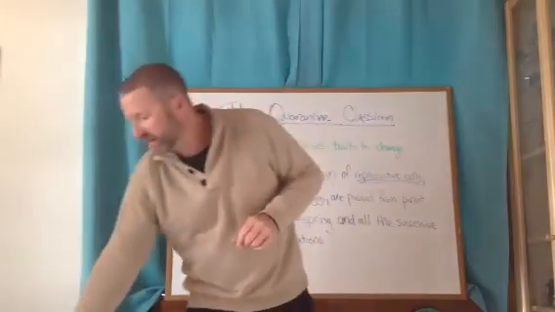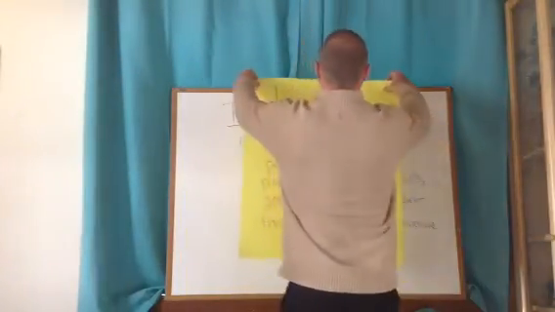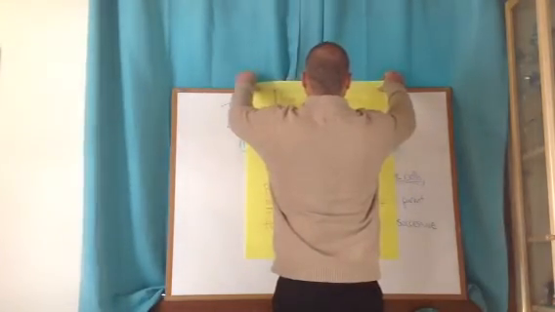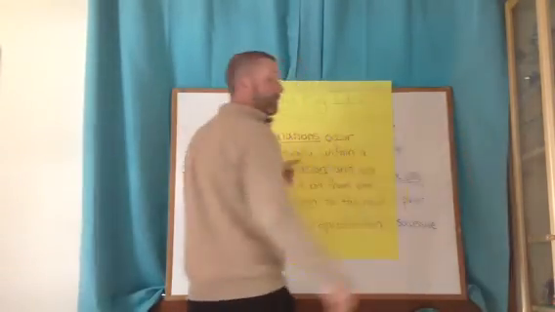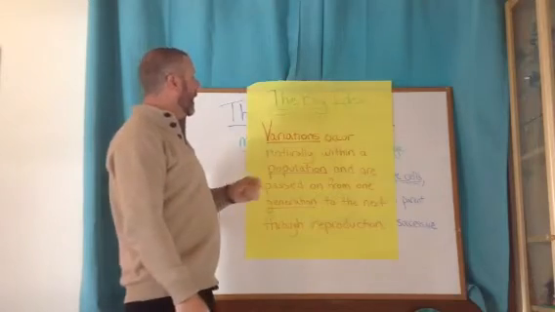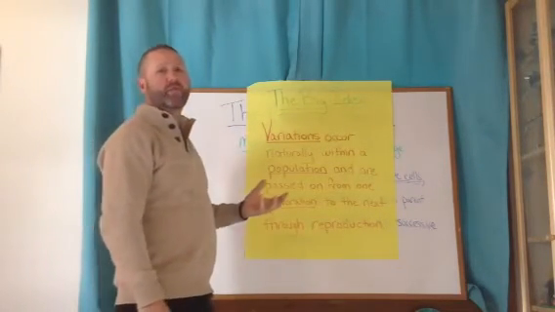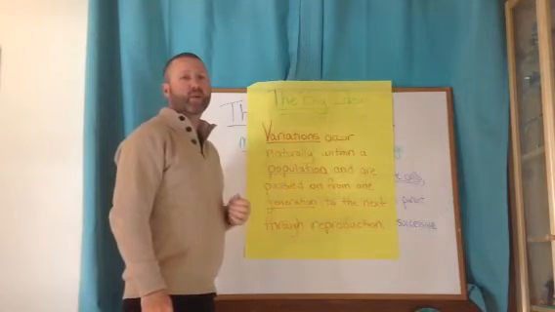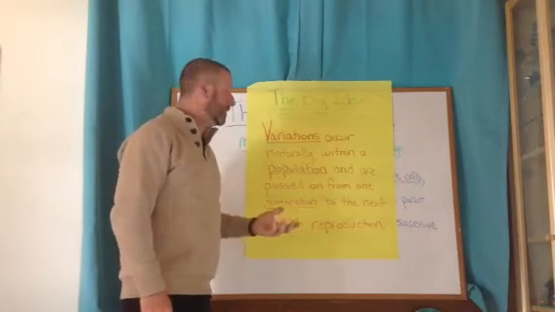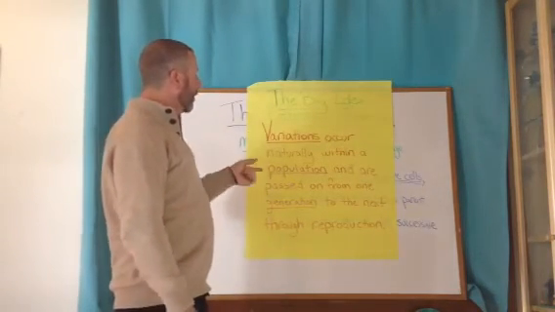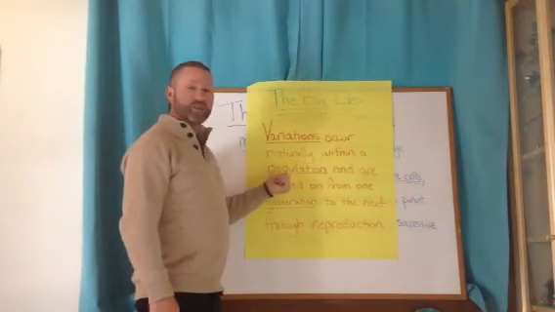So here's our big idea. All right? Variations, which are the different variety of traits that occur through sexual reproduction, occur naturally within a population.